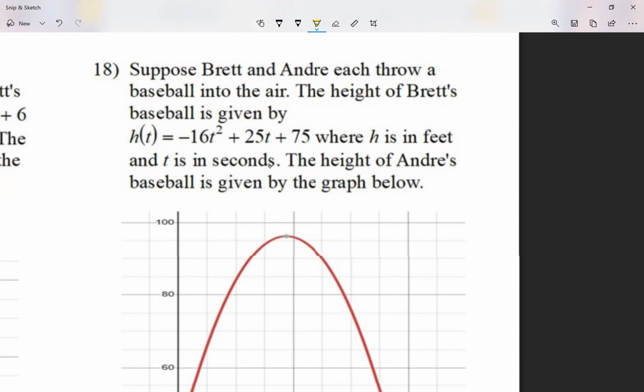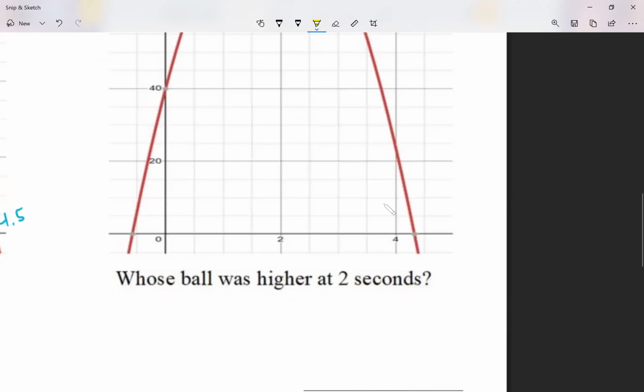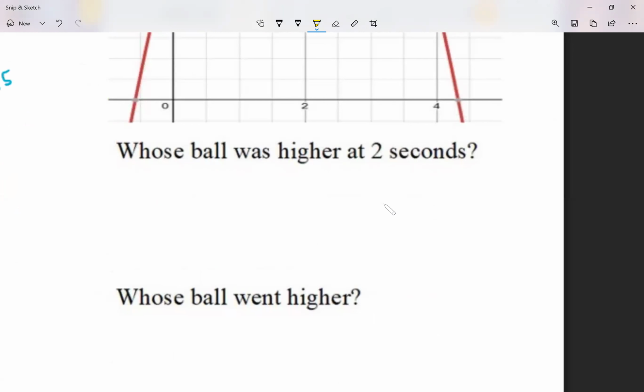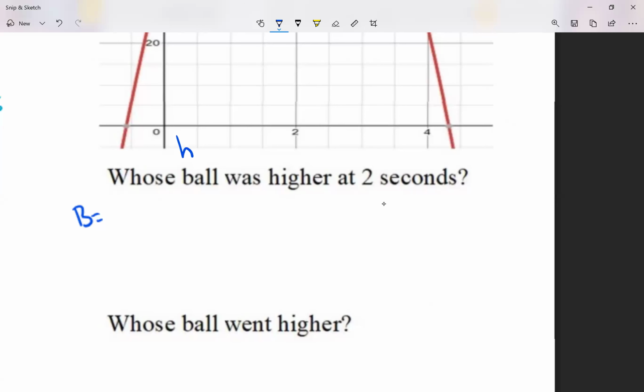Okay, so we know the formula for Brett. The height of Andre's baseball is given by the graph below. Good, we know that. So let's take a look at the questions here. Whose ball was higher at 2 seconds? Okay, so let me do Brett. And I know the formula. Let me write it up here. H of t is going to be negative 16t squared plus 25t plus 75. And it's asking me for the height at 2 seconds.